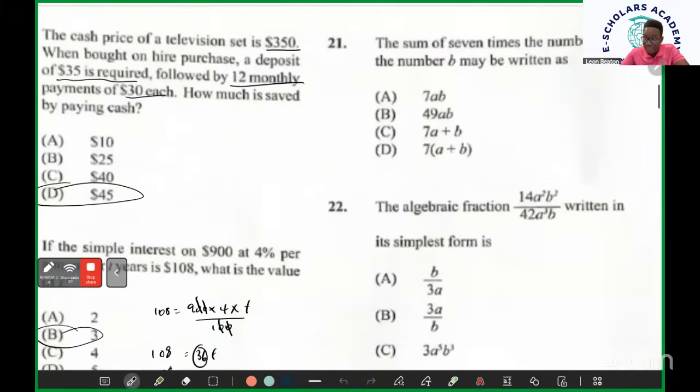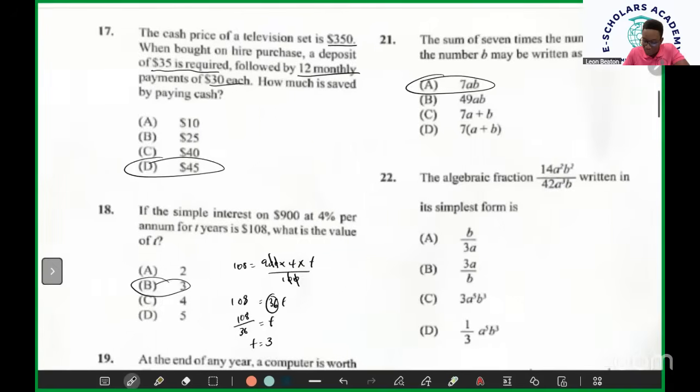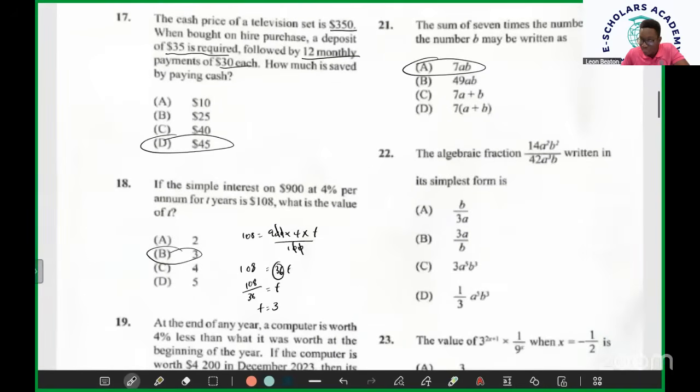So let me go. The sum of 7 times the number AB, we know this is simply A, light work. They come fresh here, but easy. So 14a squared b squared all divided by 42a cubed b. So this b will go with one of these b's.